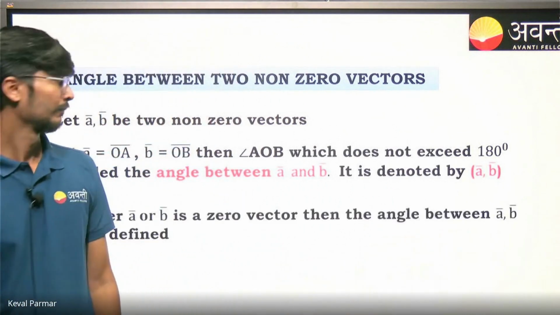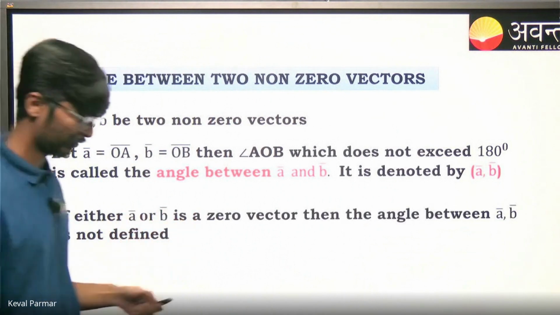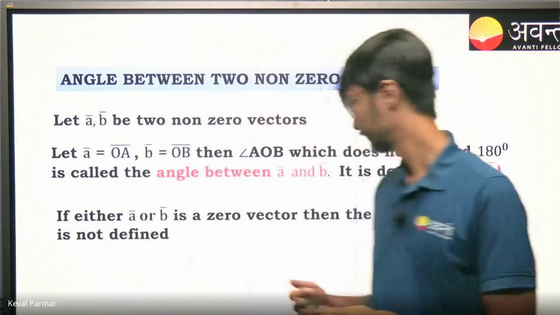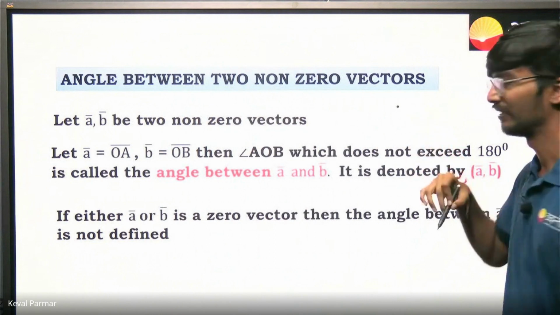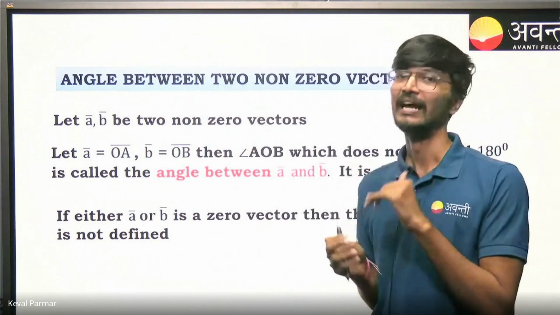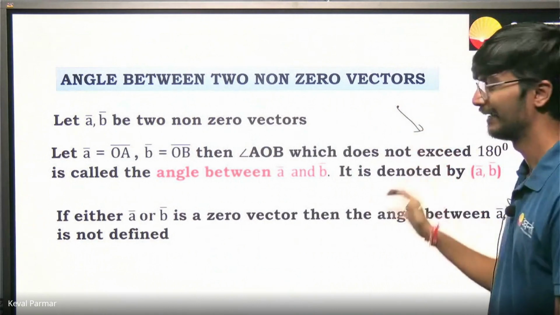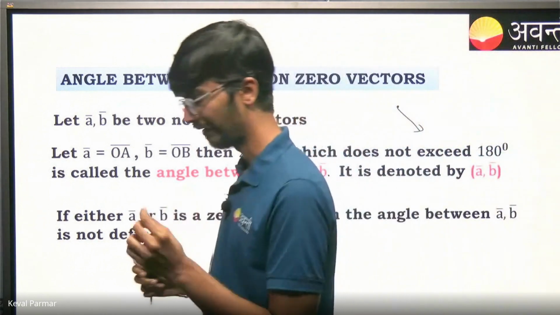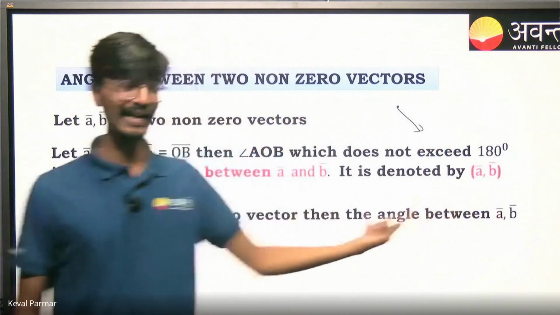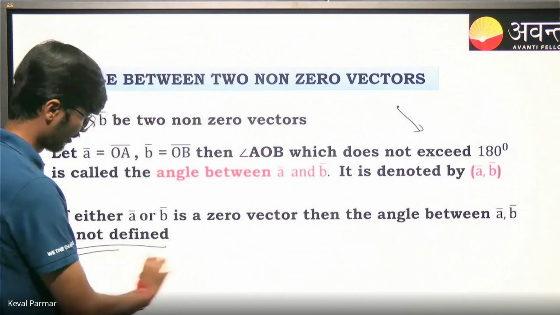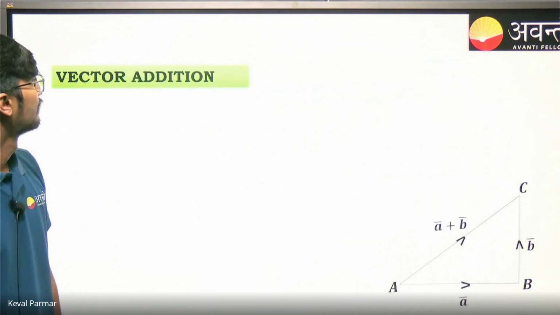If either A bar or B bar is 0, obviously, if any of the vectors is 0, we know that for a 0 vector there is no specific direction. And if there is no specific direction for this vector, we cannot calculate the angle made by it with another vector. So the angle between a 0 vector and any other vector will always be not defined.